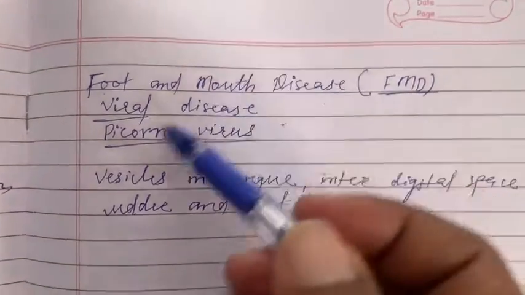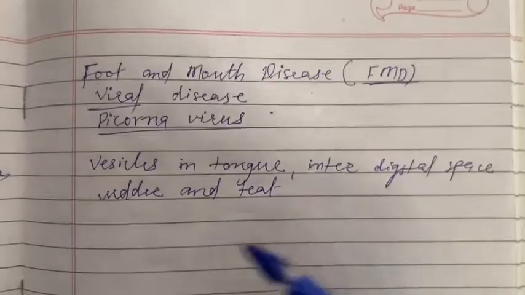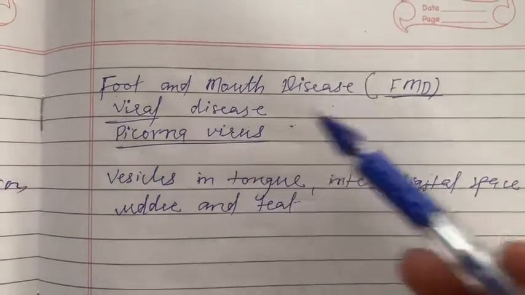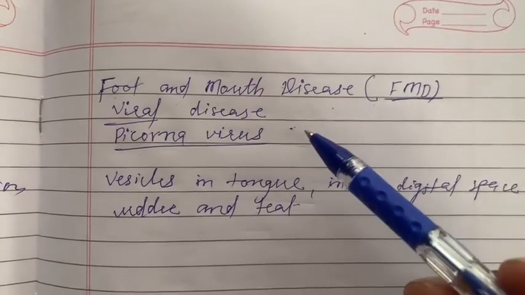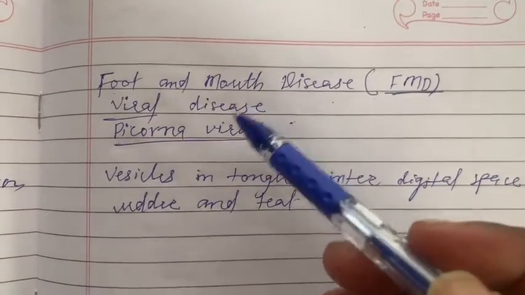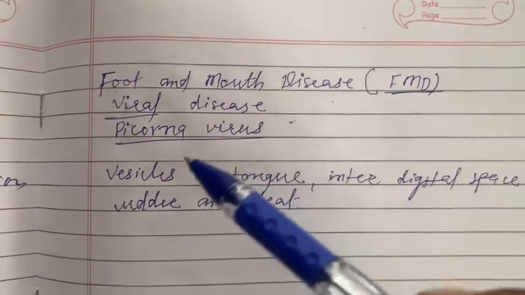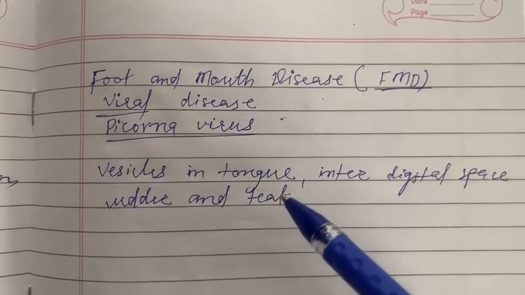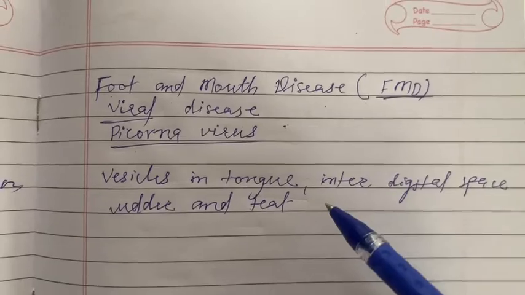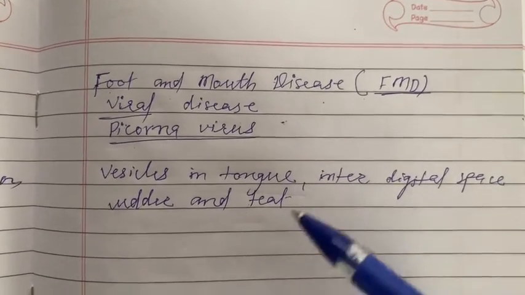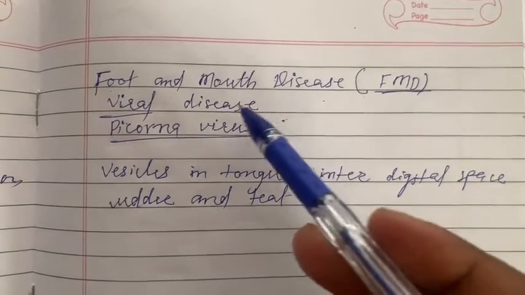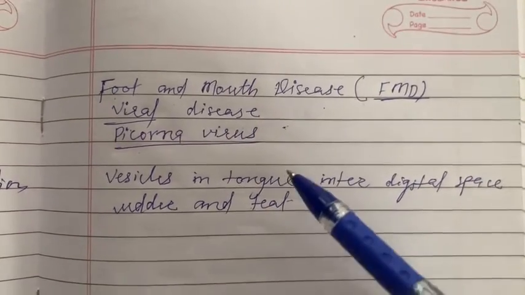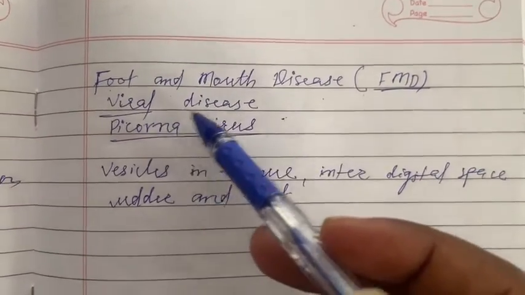So this was just an introduction regarding foot and mouth disease: the causal agent is the picornavirus, and these are a few important symptoms on the basis of which we may diagnose foot and mouth disease.